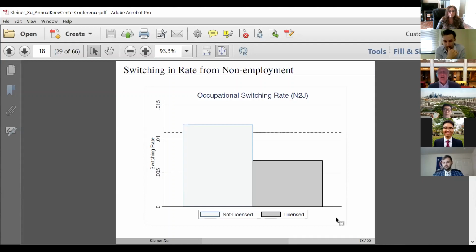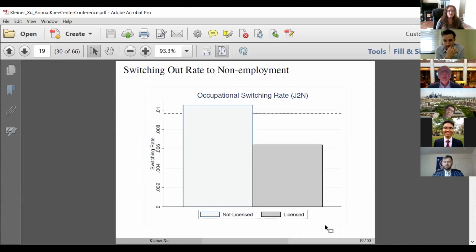Our rationale is that for people who have a job, the opportunity cost of spending the money and time on general and specific training to switch into an occupation is much higher relative to people who are not employed. So we would expect the job-to-job switching rate to be lower for licensed occupations than for individuals who are not employed.